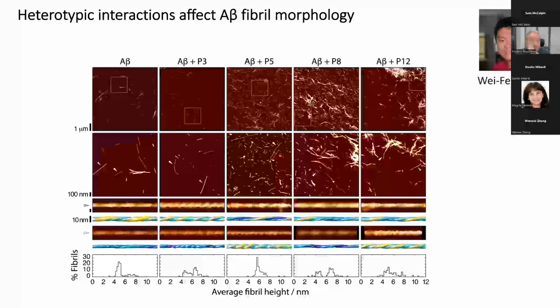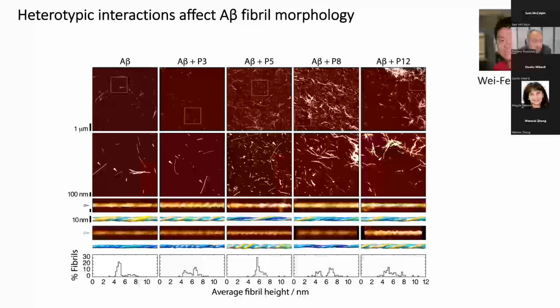We also looked at how co-incubation of a short homologous peptide with A beta can affect its morphology, and we did that in collaboration with Wenwei Zheng from the University of Kent, and he has this nice method whereby you can reconstruct amyloid structure from AFM images.